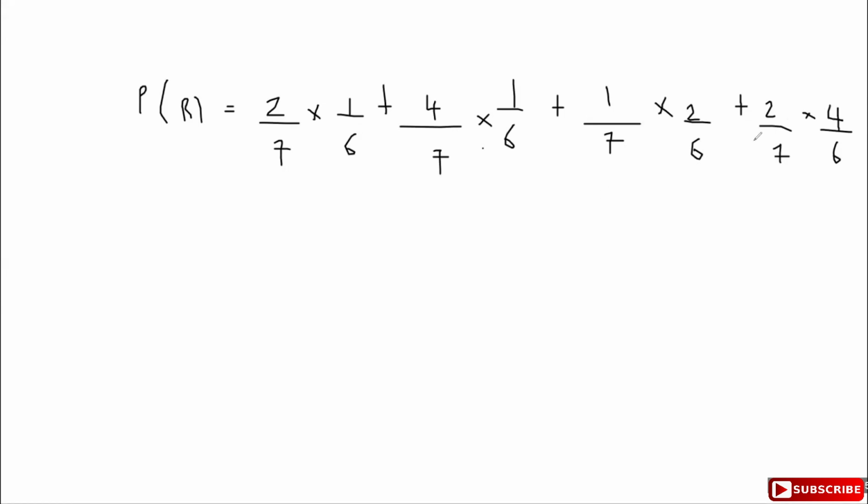All right, so where does 2 come from? How many red balls were there? Was 1. Sorry about that. 1 out of 7. So you evaluate that, and that would be the probability of getting a red.